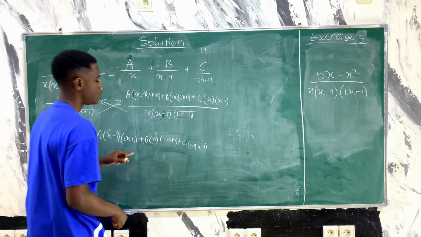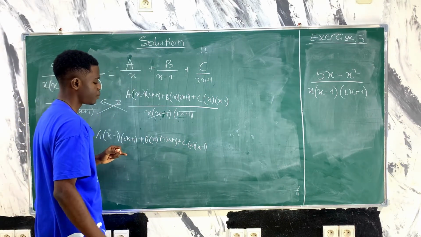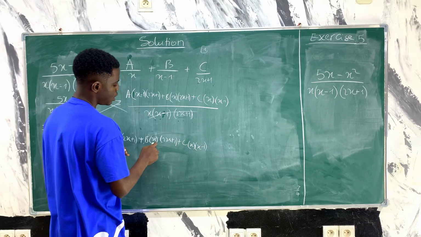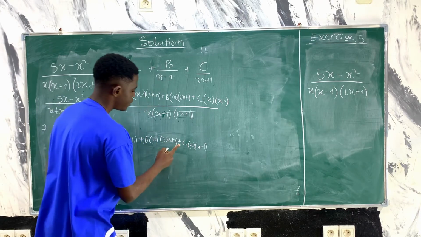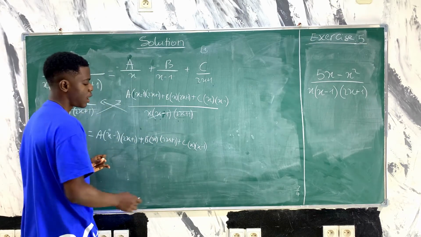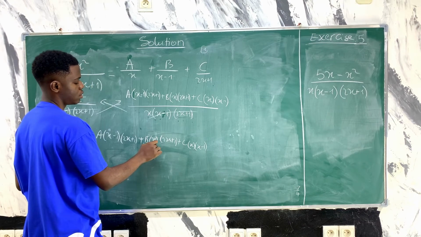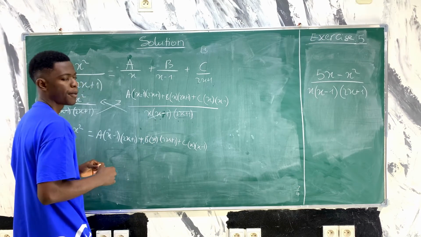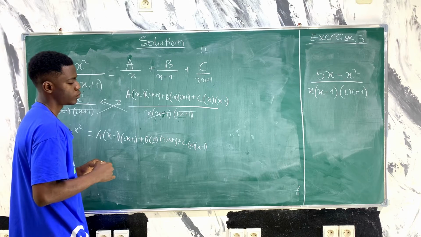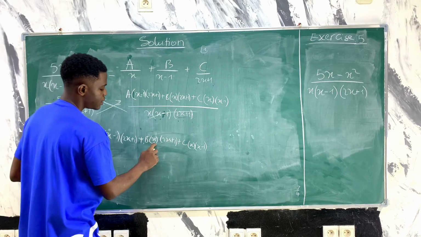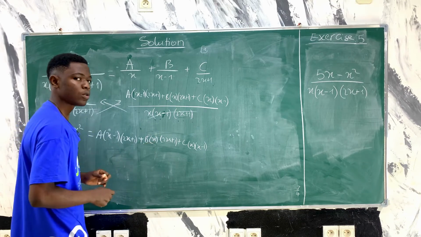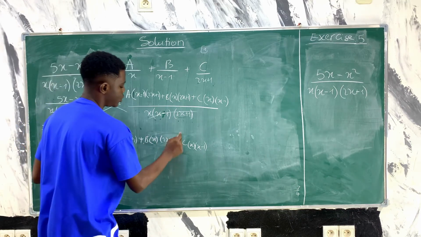Since this one is equal to 0 already, you go to the next one. b times x times this. What can I do so that this thing turns all to 0? I have an x here. It means that if I replace x by 0, I'm going to have all of this going to 0.